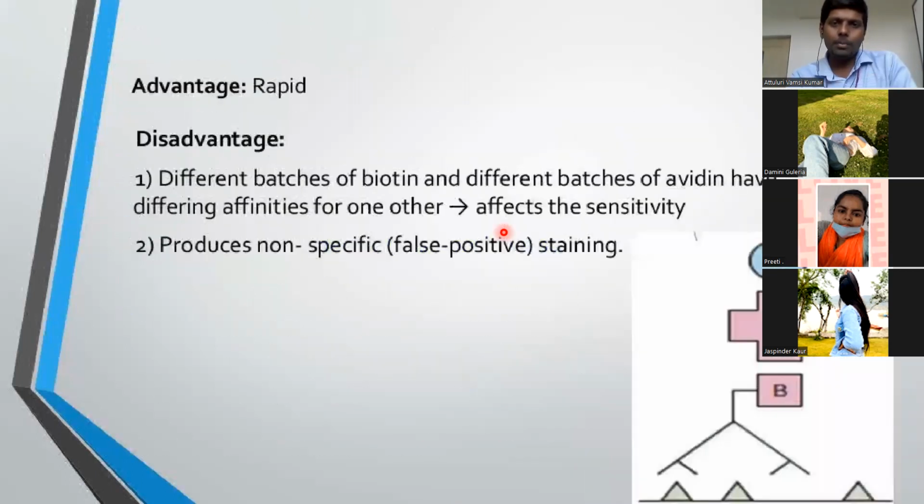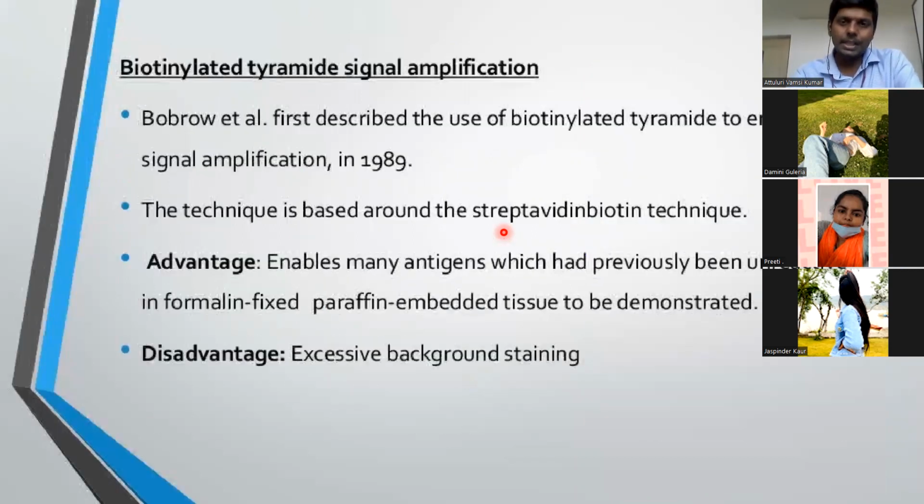Avidin biotin and all these are sensitizing methods. They will increase the sensitivity, or they will amplify the coloring of the tissue. So these are color amplifying methods. Okay, so this is all about immunohistochemistry.